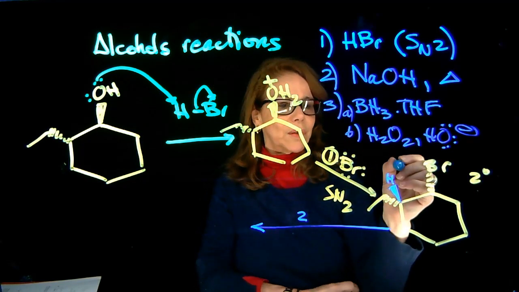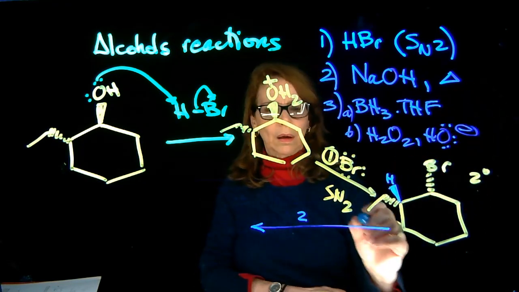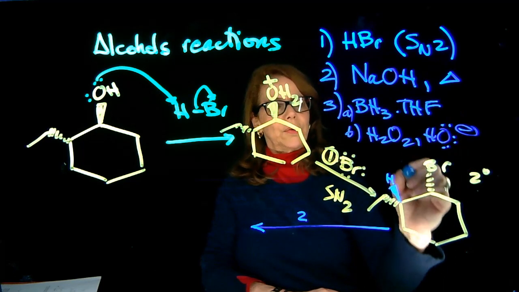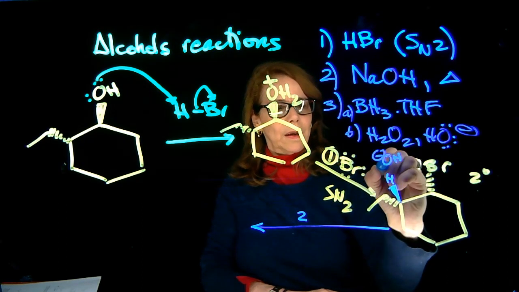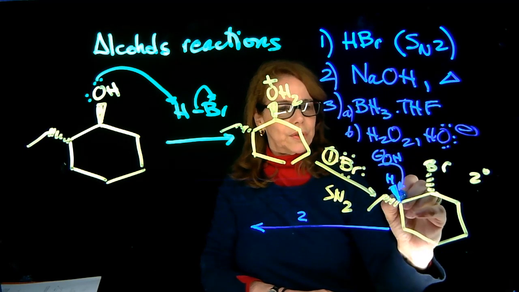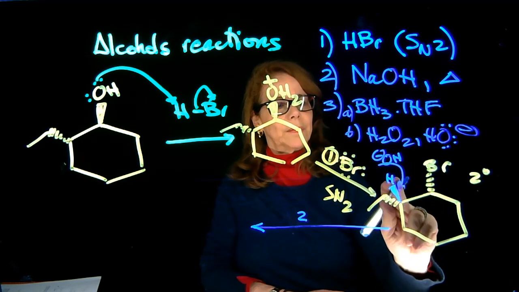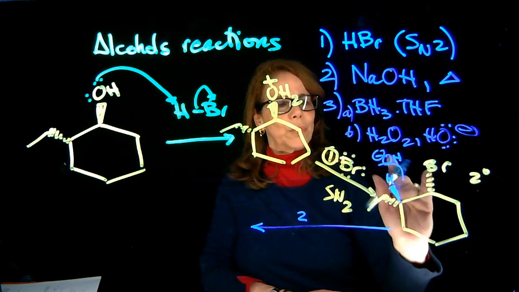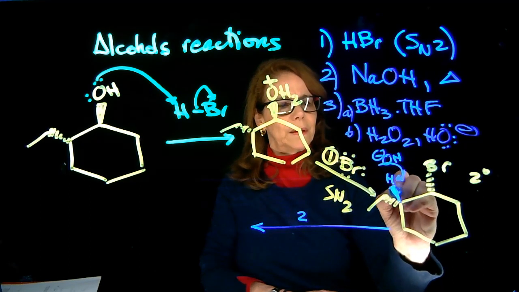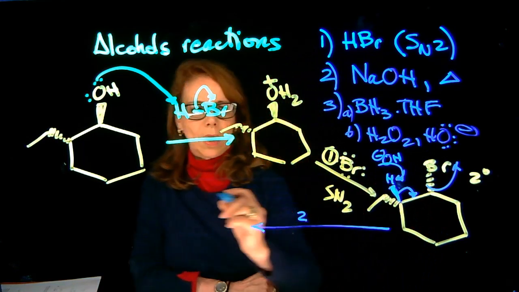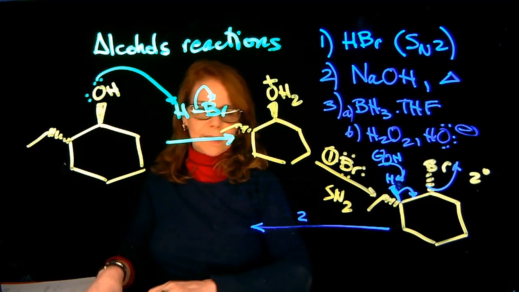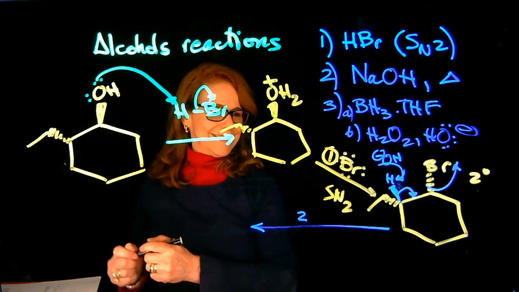So here what is going to happen is that you're going to have OH removing this hydrogen, and then that arrow is pointing, and we're going to form a double bond, and the bromide leaves. Now you're forming your product, which is an alkene.